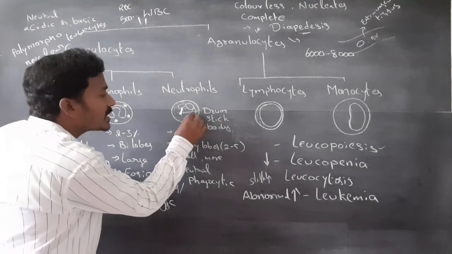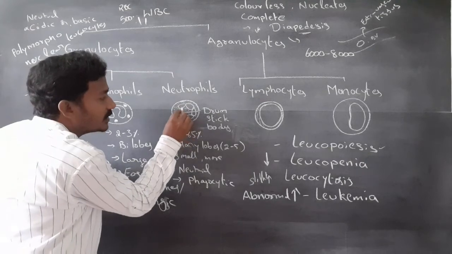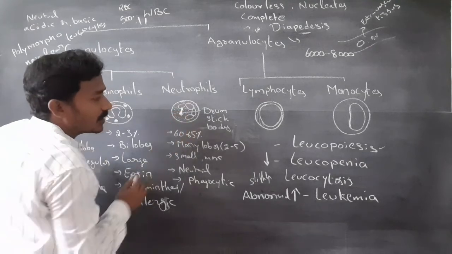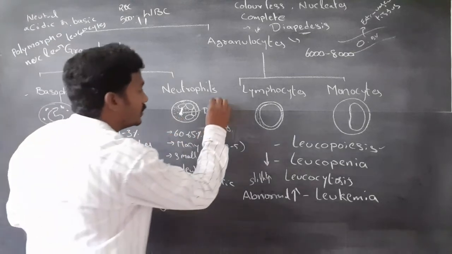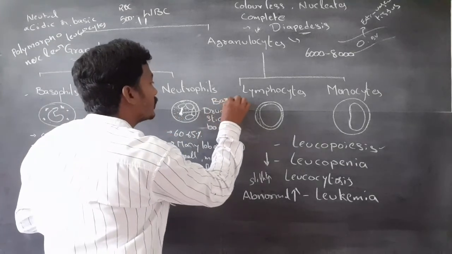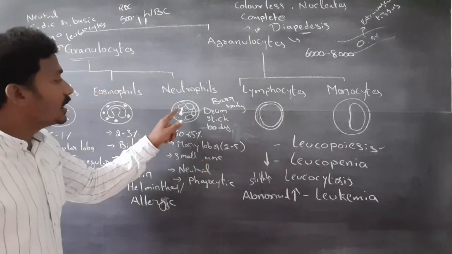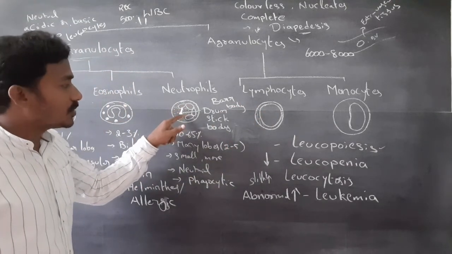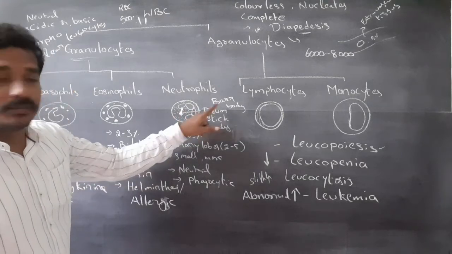The nucleus contains a drumstick body, also called the bar body.